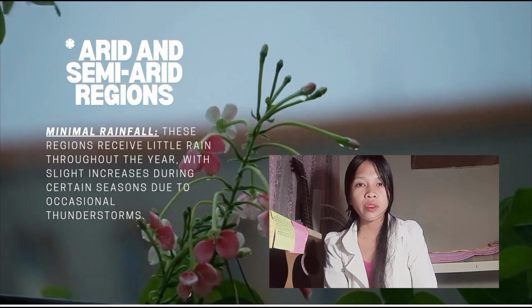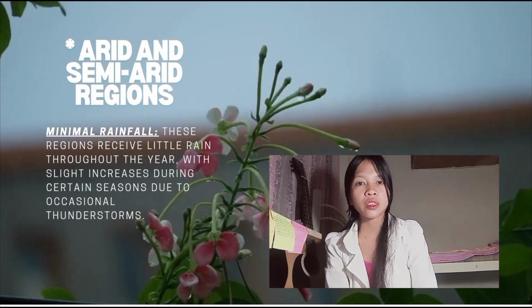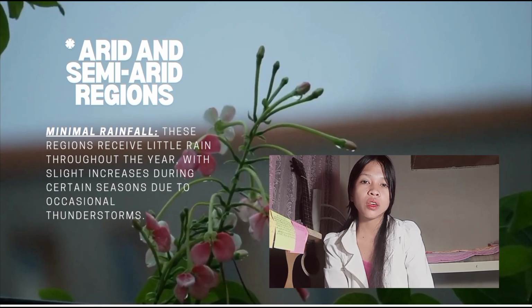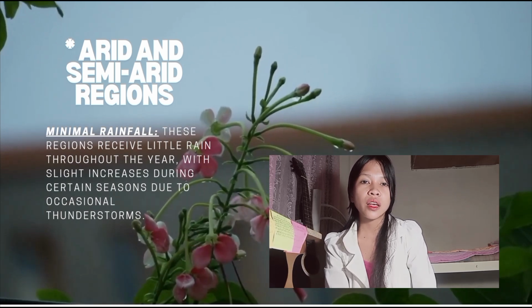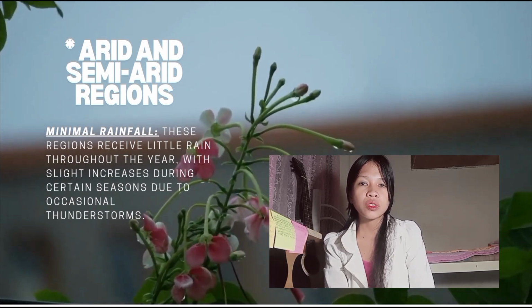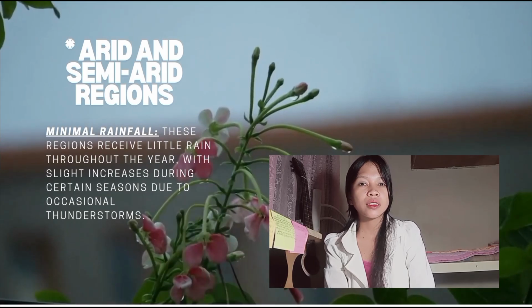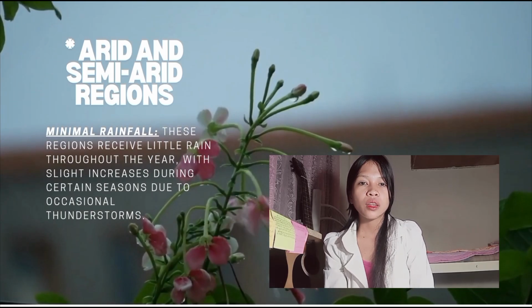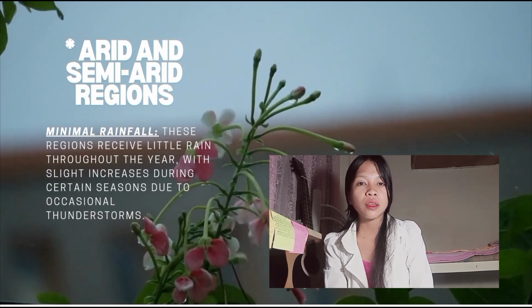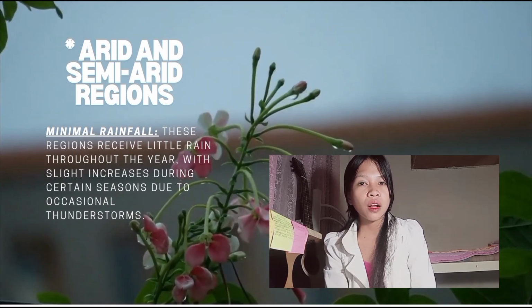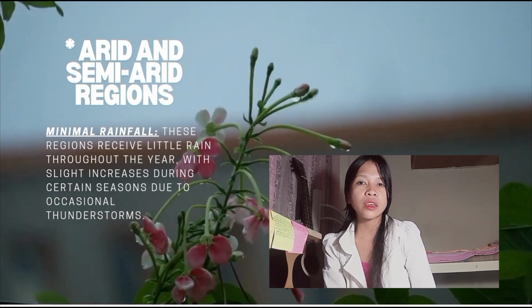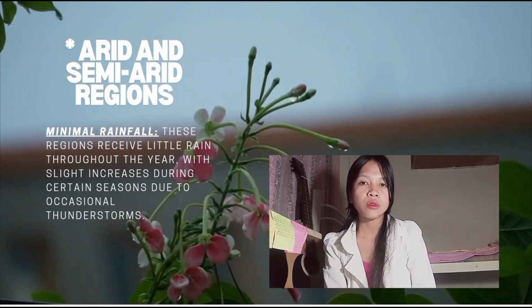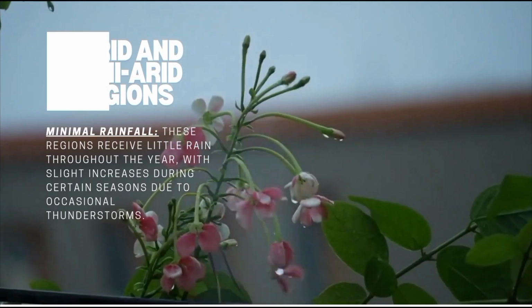So ang arid o semi-arid regions, these regions are characterized by high evaporation rates and sparse vegetation. So examples aning arid and semi-arid regions are kanang Sahara Desert, Arabian Desert, and steppes of Central Asia. Muna siya ang mga lugar nga dili kay maka-experience of rainfall kay ilahang lugar init kaayo.